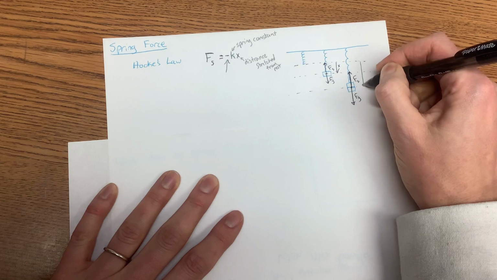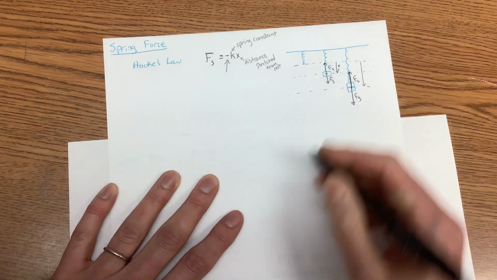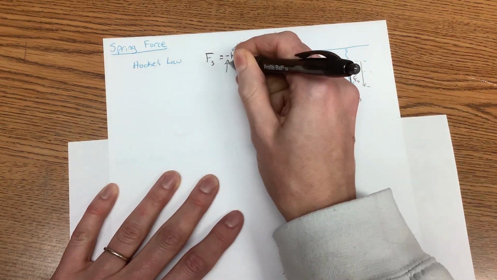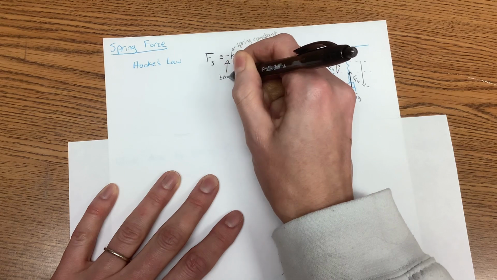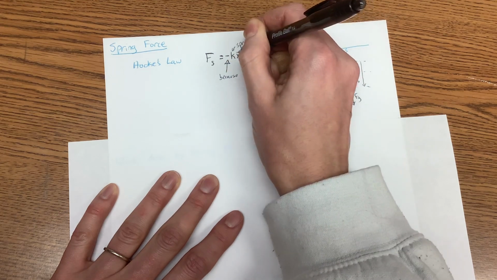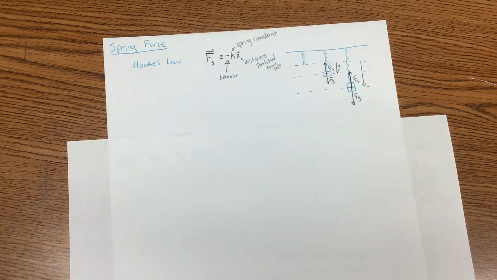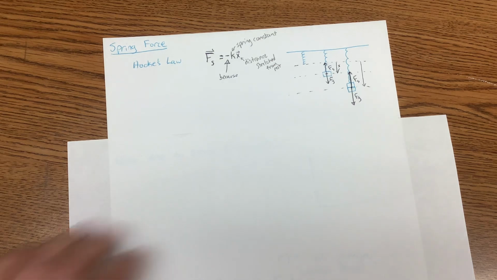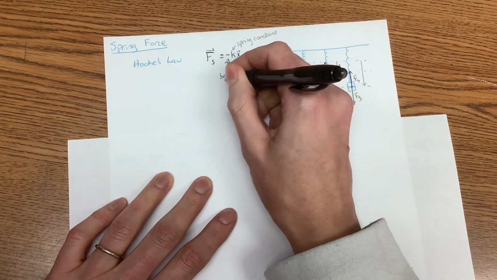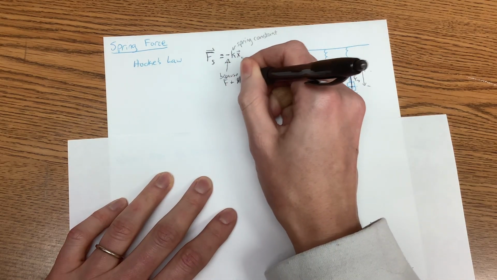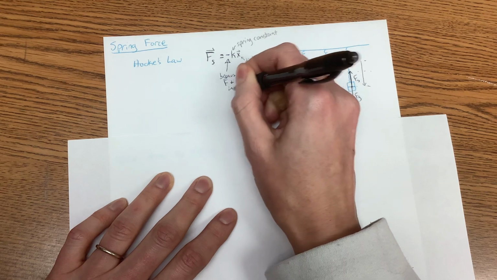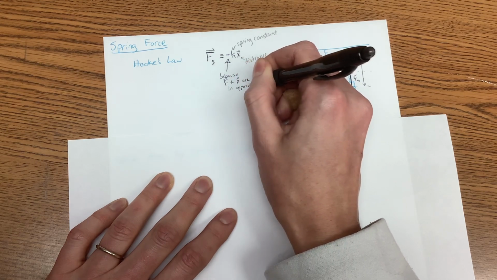That's why we have a negative, because that x is a vector and that F is a vector, and F and x are in opposite directions.